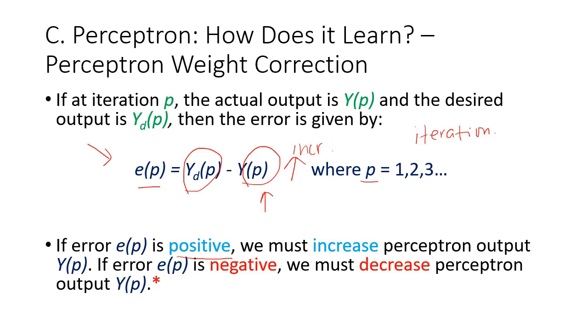However, if the error result is negative, it means the actual result is much higher than the desired result. Therefore, the actual result must be decreased. The objective of this is to get the error as close to zero as possible.